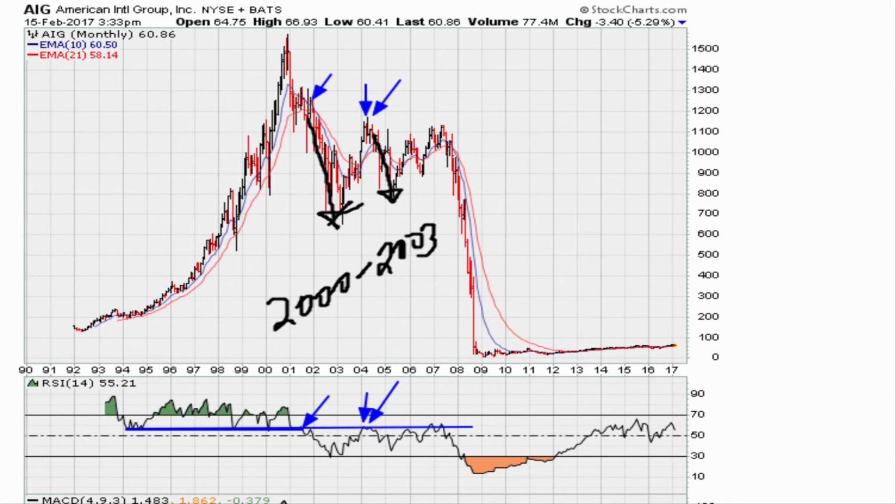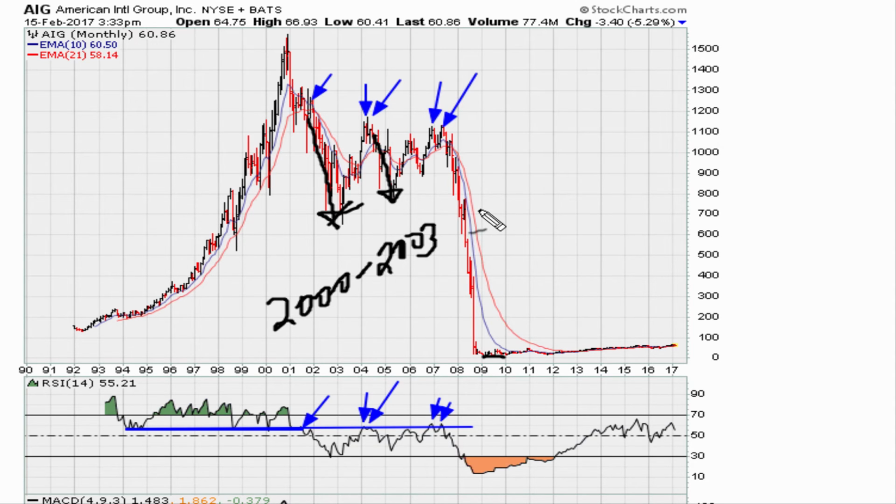We come back and try to move above the line, but we were rejected twice, once in late '06 and then again in the middle of 2007. That turned out to be a major high. As you can see here, the stock was trading at a back-split price of about 1100, and it went all the way to almost zero.